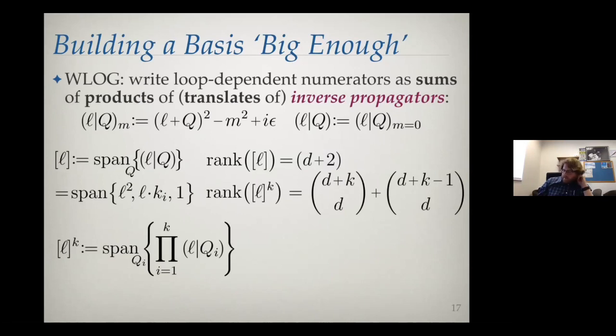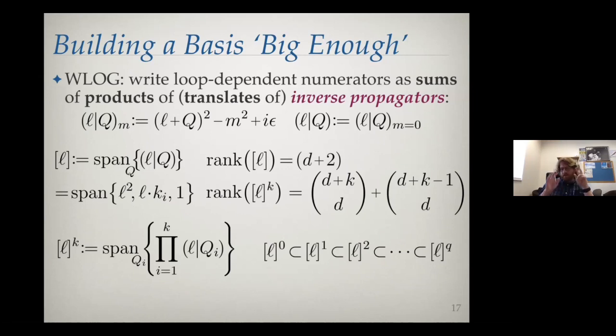Now, one feature of this that I think you might recognize immediately is that because the loop-independent monomial is inside L, I can always multiply by 1 and get a higher power. And so, in particular, the space of loop-independent monomials, L to the 0, is just the vector space 1.